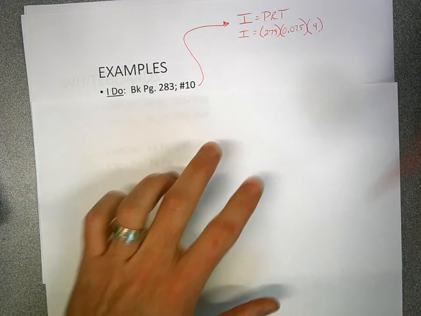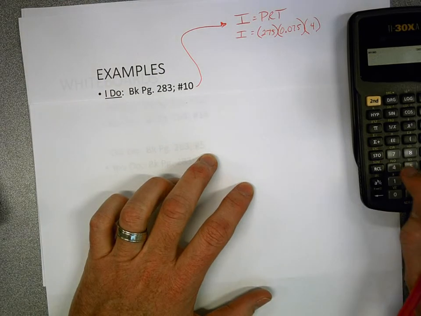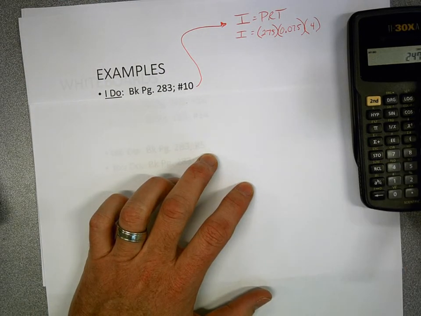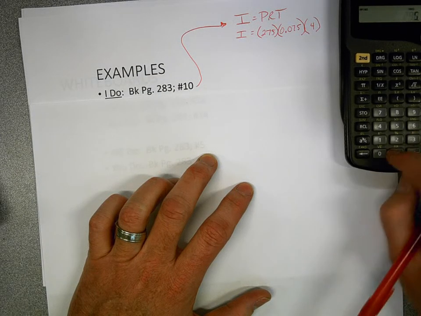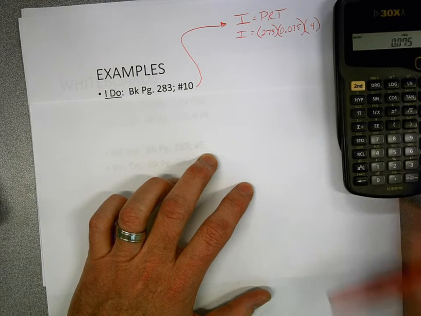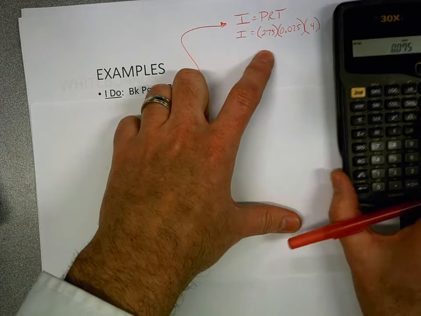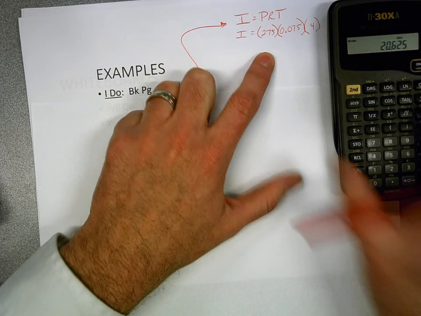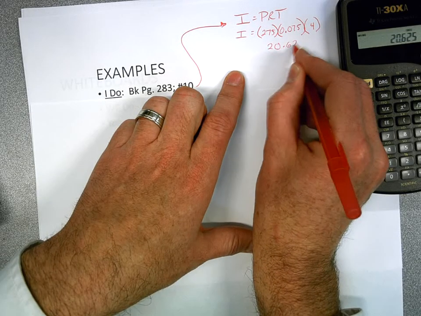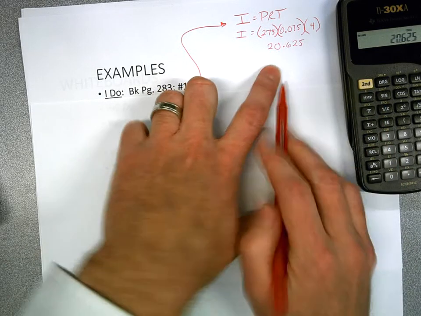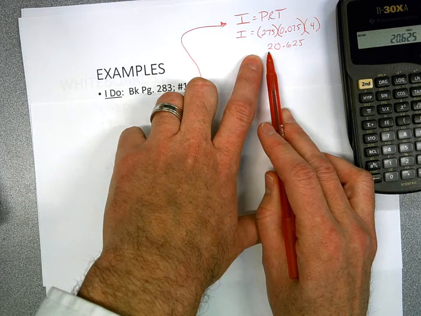And if I take 275 and multiply it by 0.075, this is going to tell me how much interest I'm going to have to pay in 1 year. I have 20.625. Now, I'm not going to round yet because I'm not done, but if I was to round, I would have $20.63 to pay in interest.